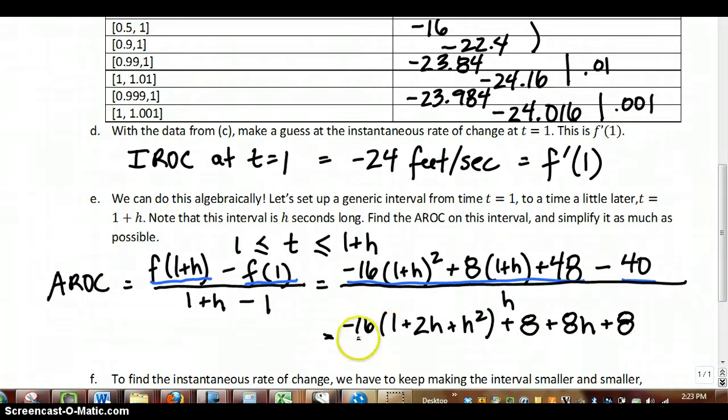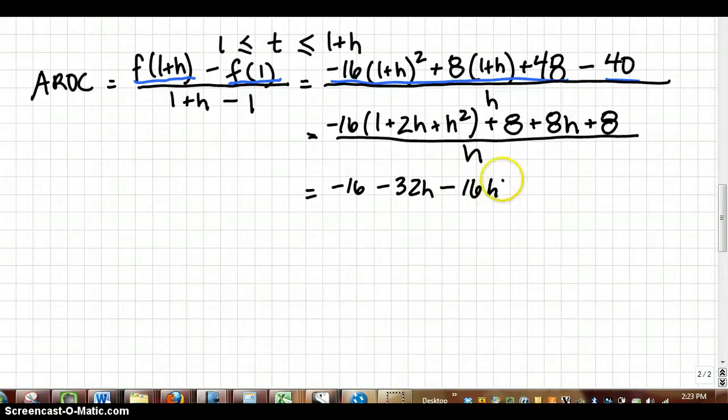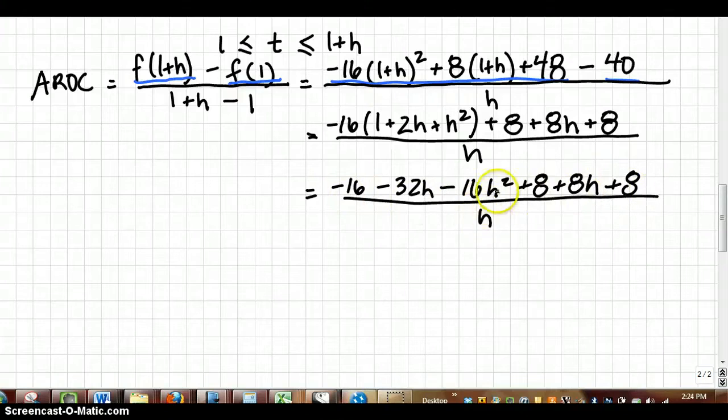So let's see what we've got here on the bottom. We've still got h. And I gave myself a little more room to finish this problem out. Now I'm going to have negative 16 minus 32h minus 16h squared plus 8 plus 8h plus 8 more, all over h. So notice what's going to happen here. This negative 16 cancels out with these two 8s.